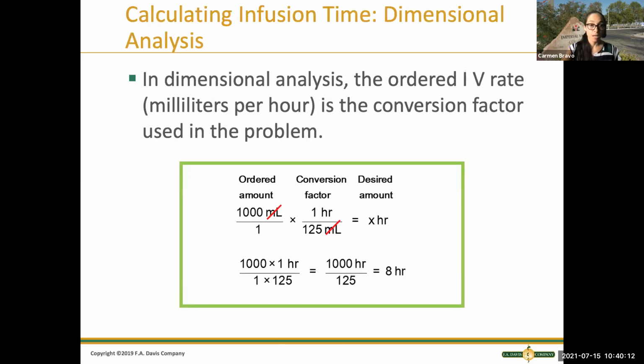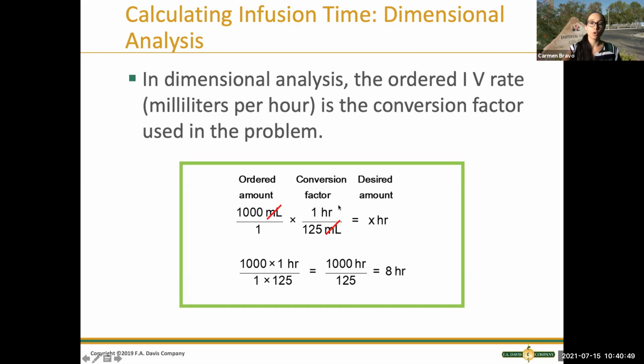There are different ways to do it, utilizing dimensional analysis. To calculate infusion time using dimensional analysis, this is one example, which is what we started off with today. If they give us an order to infuse 1,000 milliliters, the example is giving me the order amount and the rate, milliliters per hour.